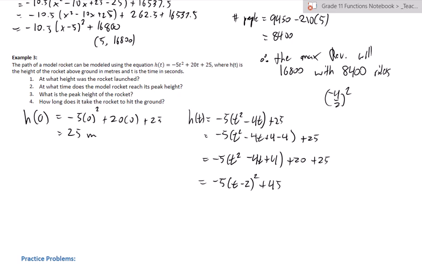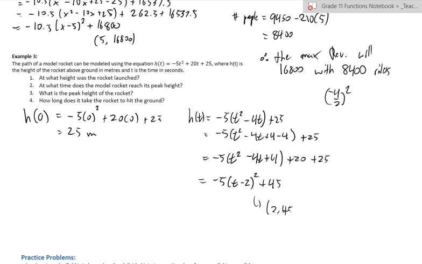So this information right here gives us a vertex of (2, 45). This allows us to answer number 2 and number 3. At what time does the model rocket reach its peak height? That is 2 seconds. That's our vertex right there. And the peak height is 45 meters.